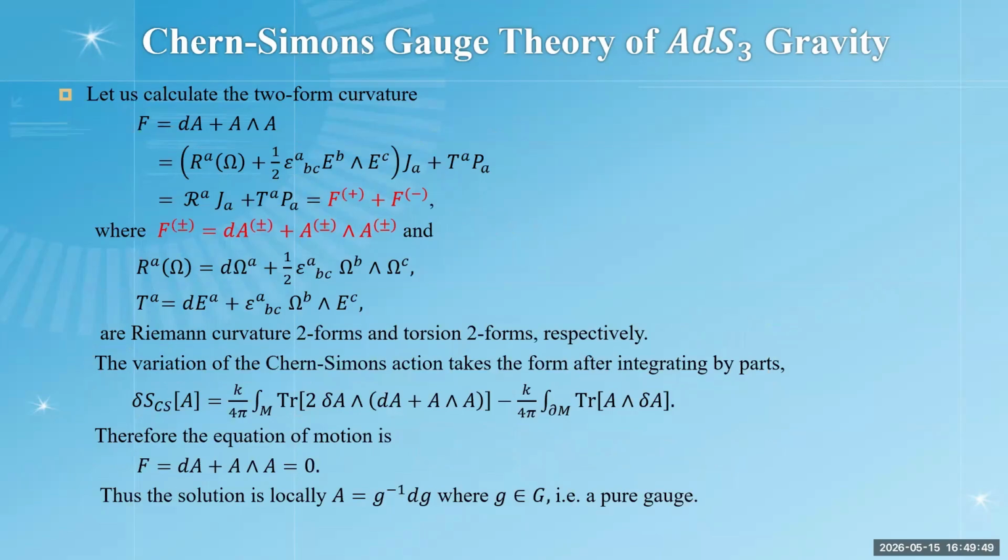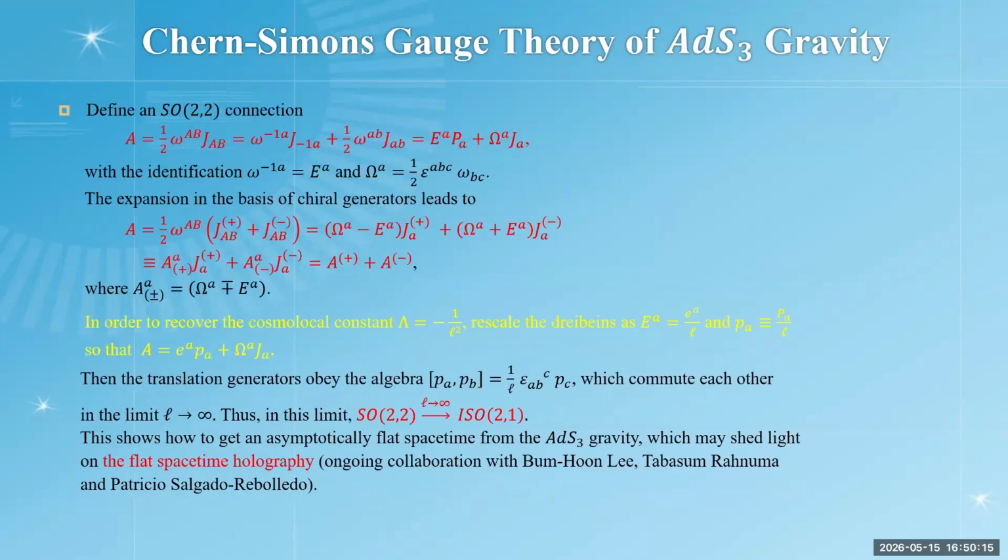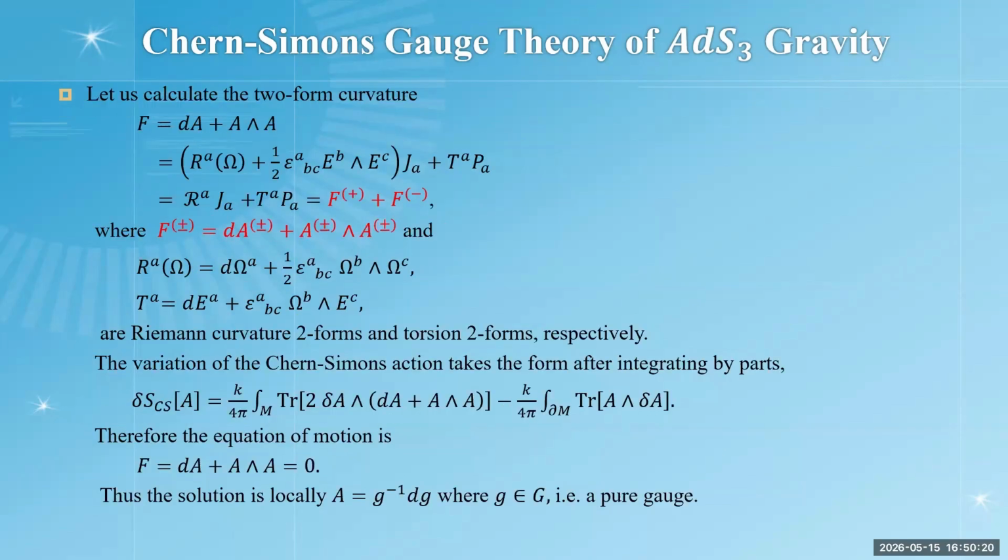Okay, then let's define the curvature. The curvature is dA, and then we gauge with non-abelian, so we have this nonlinear coupling. And then if we just use this structure, we have this expansion for the two-form curvature.